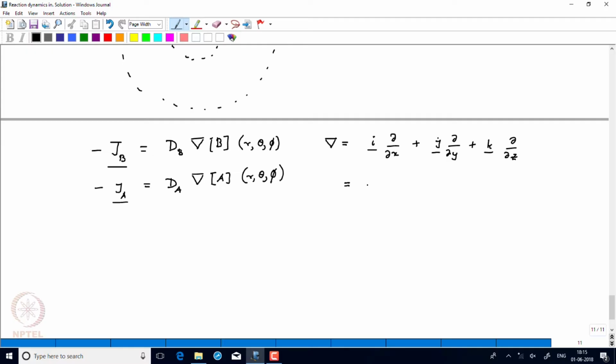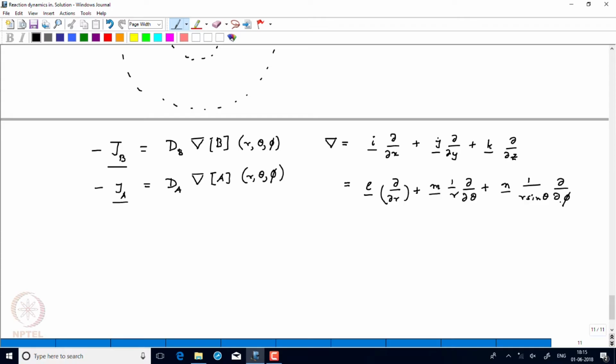Let us say L, M and N. So, L is the unit vector along r, so it will be L del r, plus M is the unit vector along theta, so it will be 1 by r del theta, and N is the unit vector along phi, which will be 1 by r sin theta del phi.